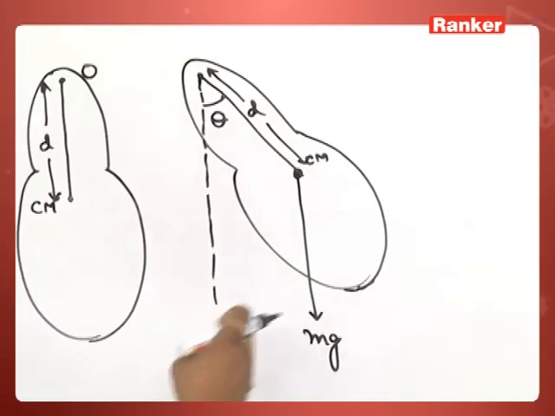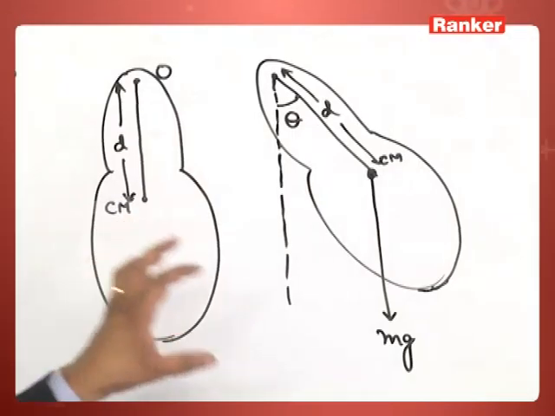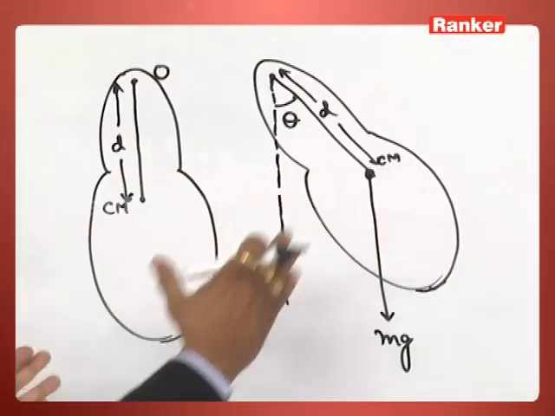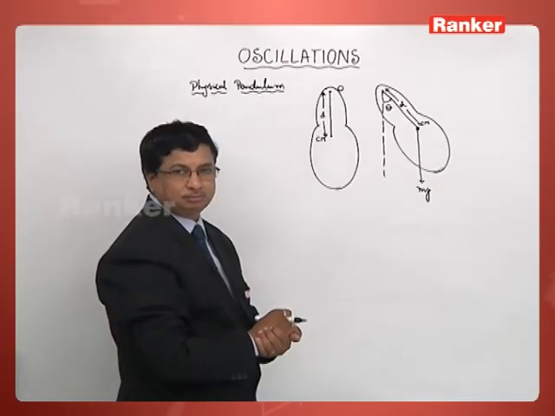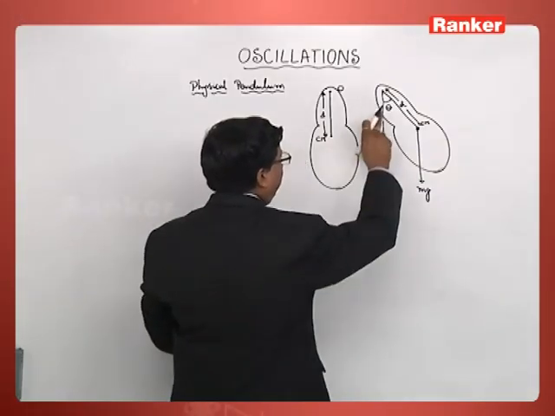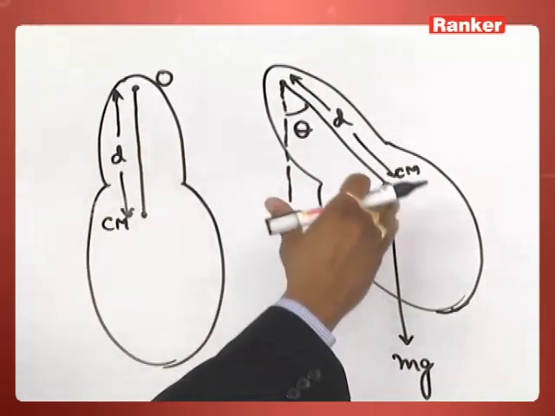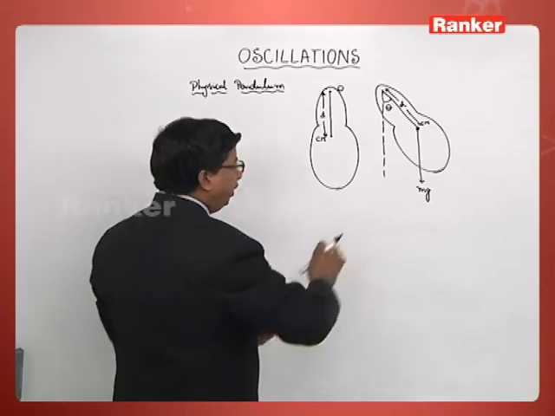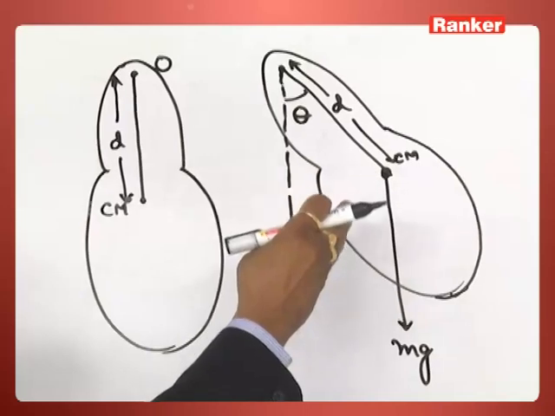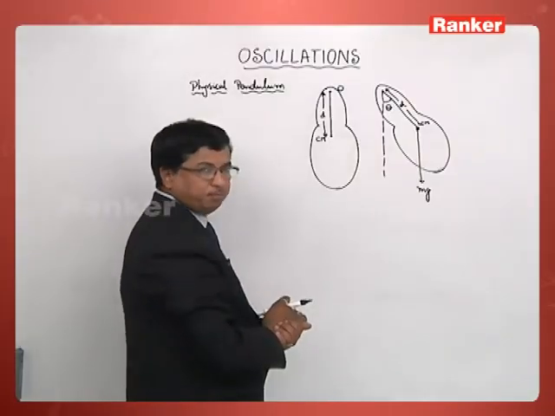Now, when weight is acting downward, what is going to be the restoring force acting on this pendulum to bring it back to normalcy? When this body is moved aside by an angle theta and left, it definitely oscillates. One can understand in this case mg sin theta is responsible for bringing this body to its normal position of rest.